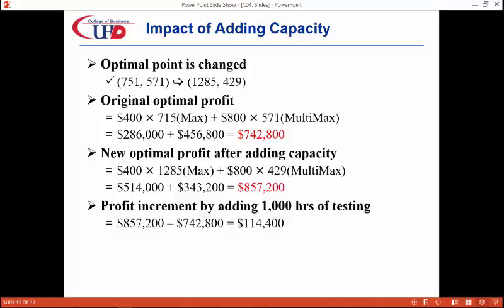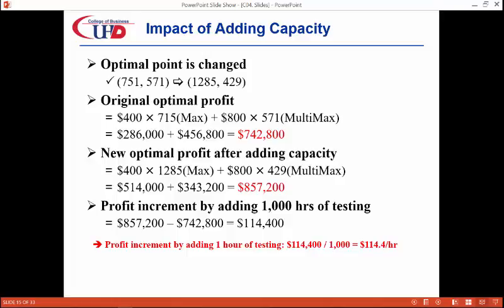and $400. So in other words, on average, we can see that the profit increment for every 1 hour of additional testing capacity is $114.40. Pay attention to this number.